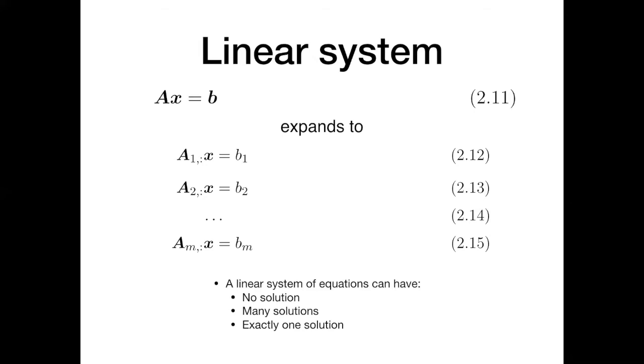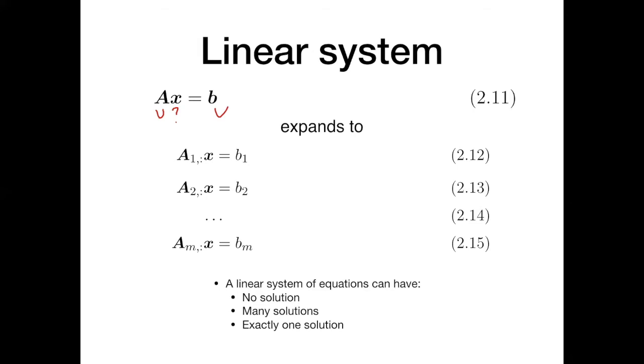Okay, now we know enough linear algebra notation and definitions, so we can write down a system of linear equations like this. In these expressions, A is a known matrix, B is a known vector, and X is an unknown vector that we want to solve.